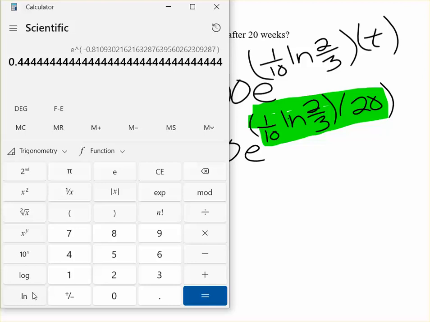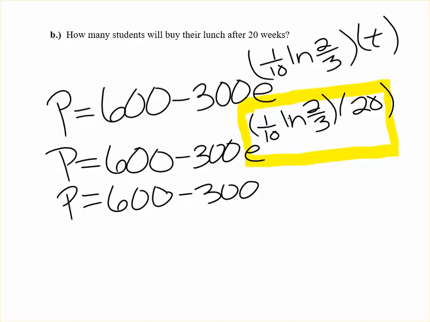Okay, so e to that power is e to the 0.4 repeating. Now 0.4 repeating, you may or may not know that that is the fraction 4/9. If you don't, you could simply type in 0.44444, keep going all the way out into your calculator.